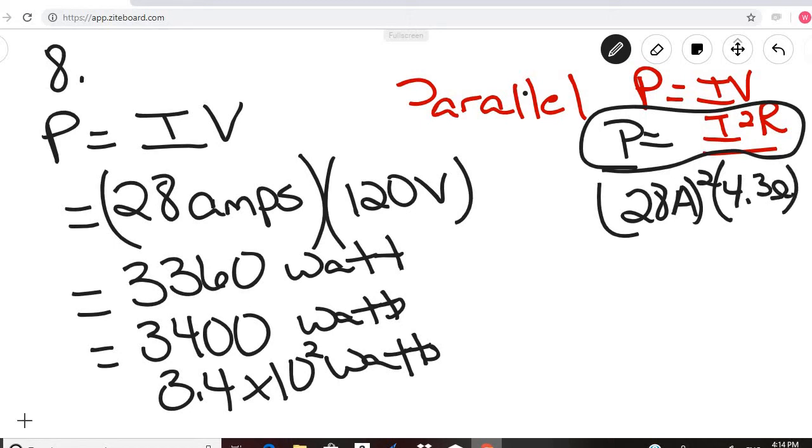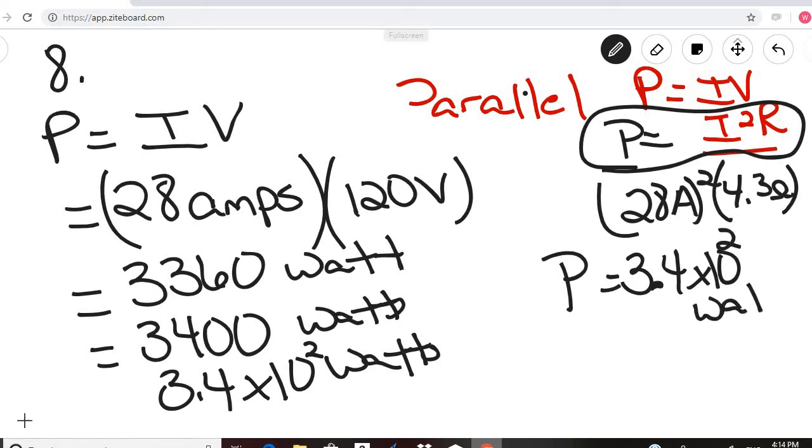And amp squared ohms is equal to a watt. So 28 squared times 4.3. Again, you will get 3.4 times 10 squared watts. So it doesn't matter which way you calculate that, you're going to get the same answer.